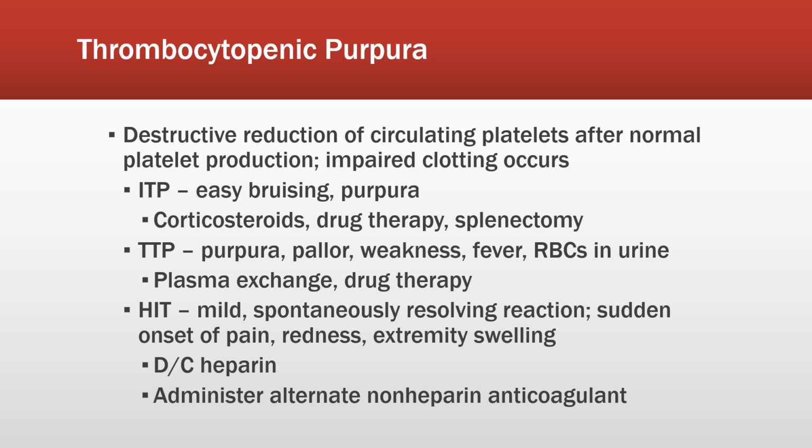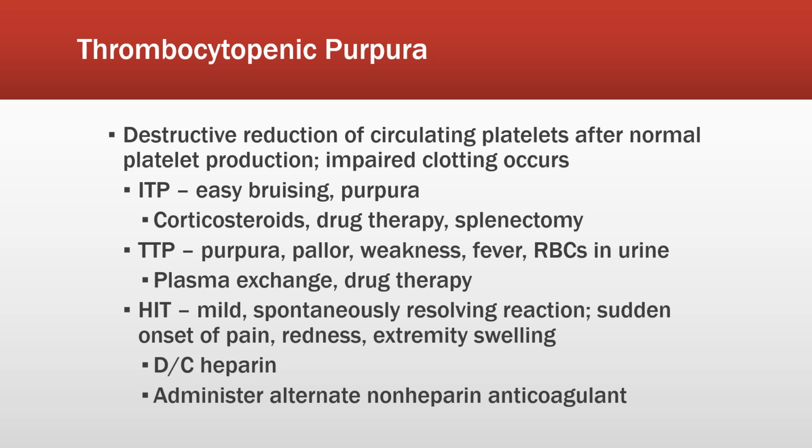Treatments for ITP are corticosteroids, immunosuppressants, and maybe removal of the spleen.